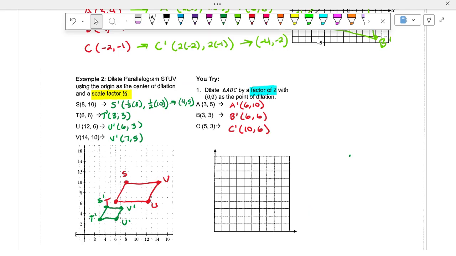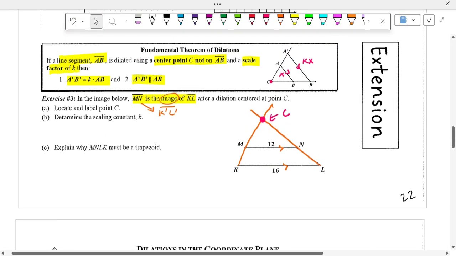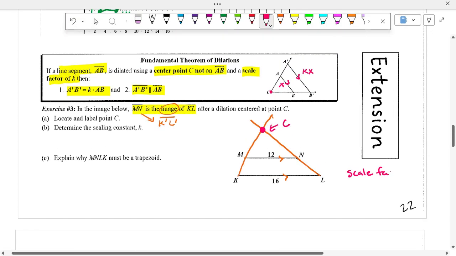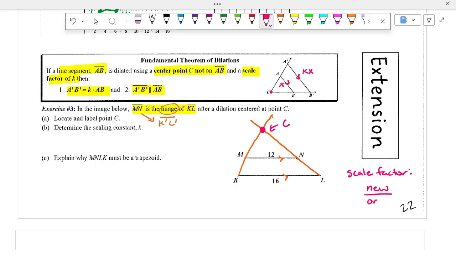You divide A prime by A. Right. Remember, we're multiplying by the scale factor to get the new point, and the opposite of multiplication is division. So to get the scale factor, you divide the new by the original.